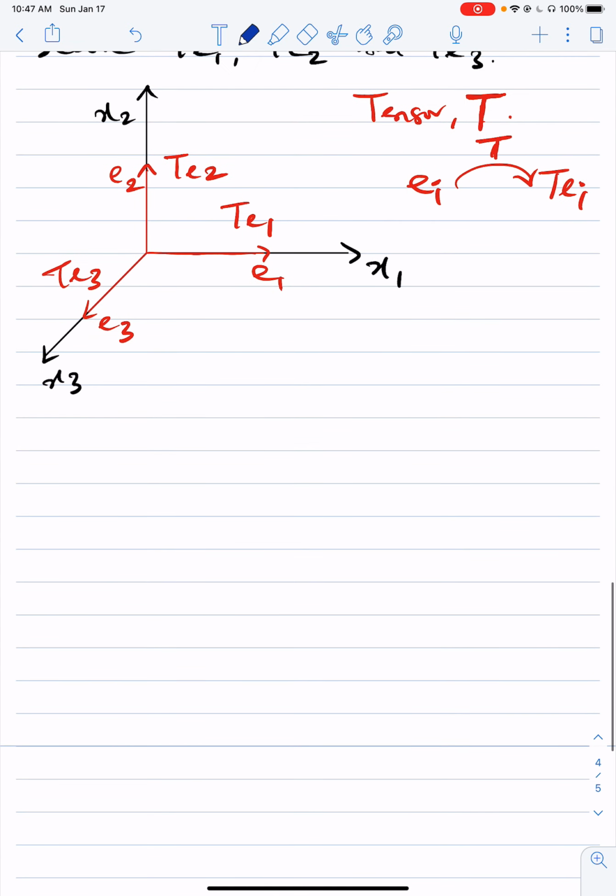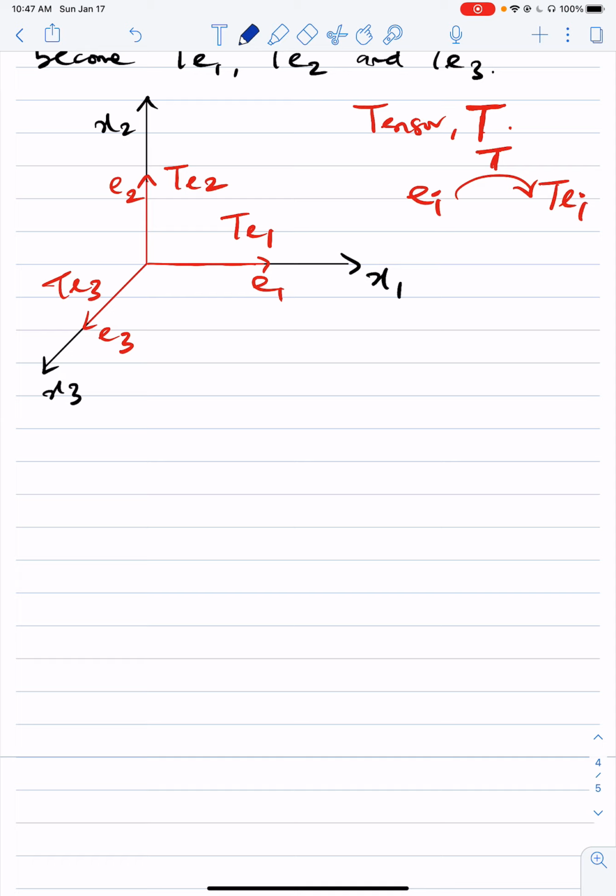Alright, so TEi equals Tji Ej. Now, this expression explains what has just happened. This is the new component, the transformed one. Books wouldn't write it like that explicitly, but it will help you understand.